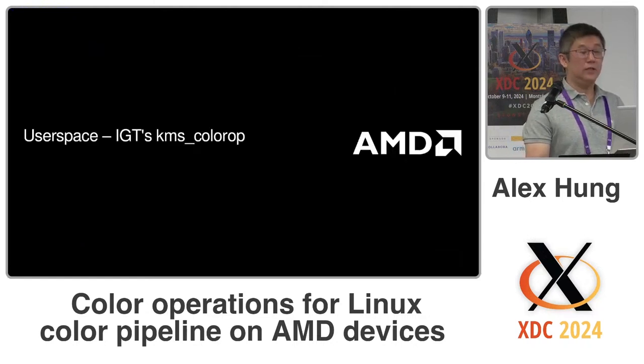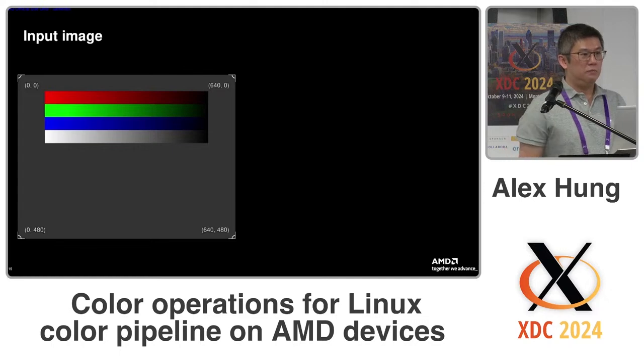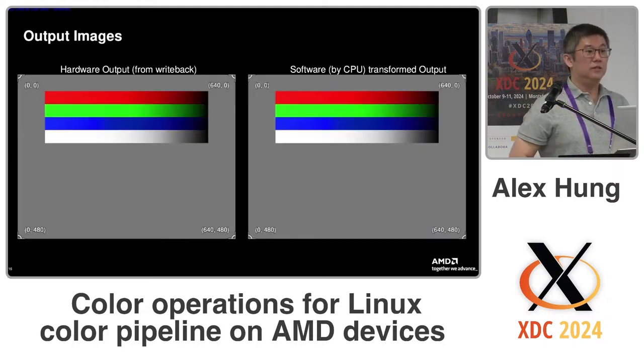And finally, the IGT KMS colorop is a test for testing each or multiple colorops. We have quite a few subtests in the colorop test, but they behave in a similar manner. All of the subtests basically take an input image like the one shown on the screen, and the test will generate two outputs.